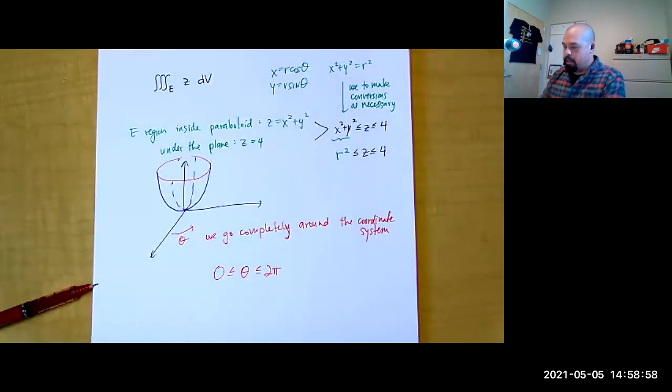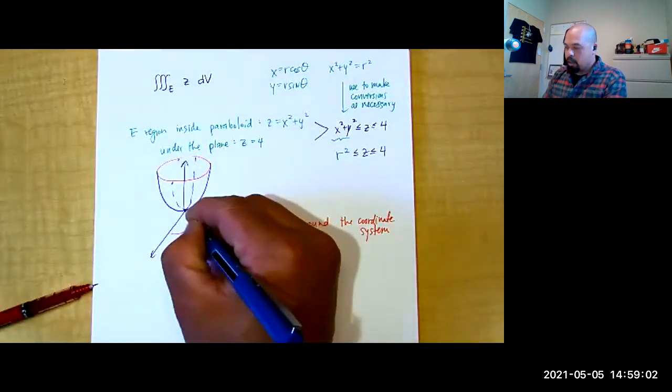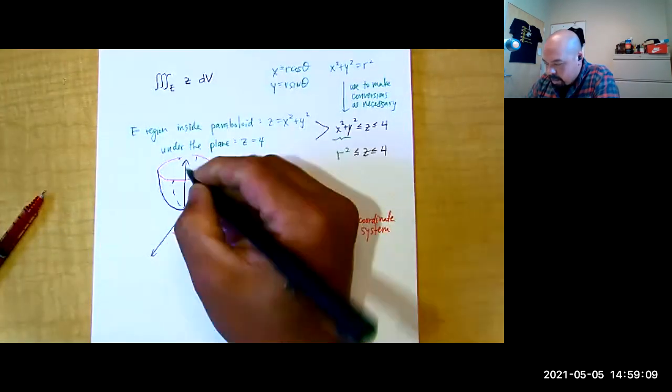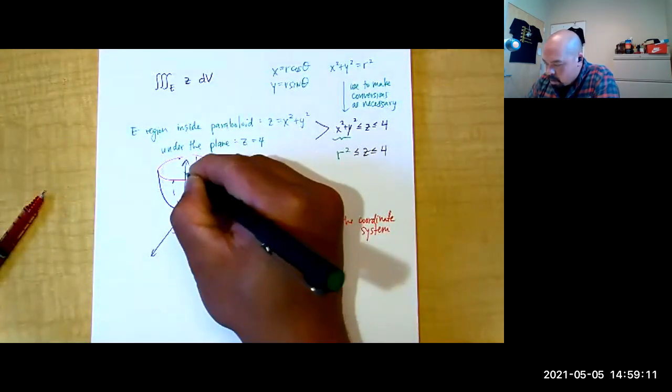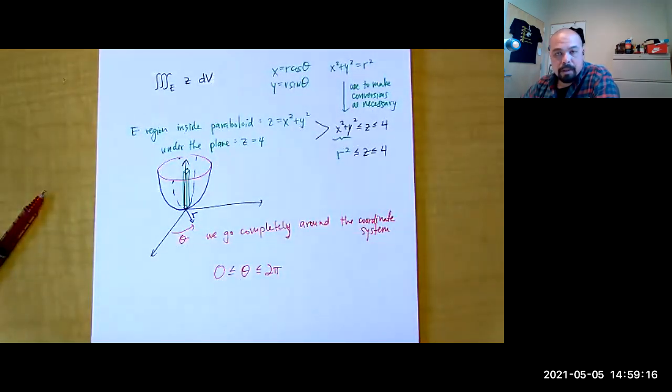Let's think about our r, okay? For that r, this can sometimes be a little bit tricky, but we think about, okay, where can I put, in terms of radius, those little columns of space?